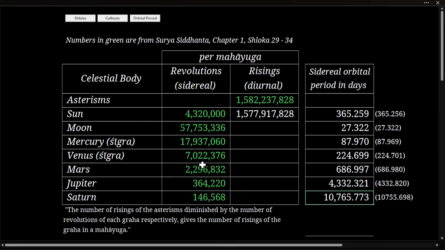Everything depends on these numbers in green. And also this one which we calculated now. So you can see how brilliant the ancient Hindu astronomers were.